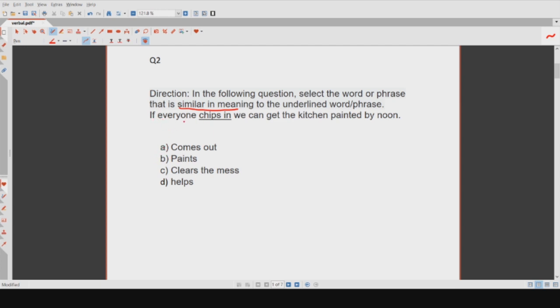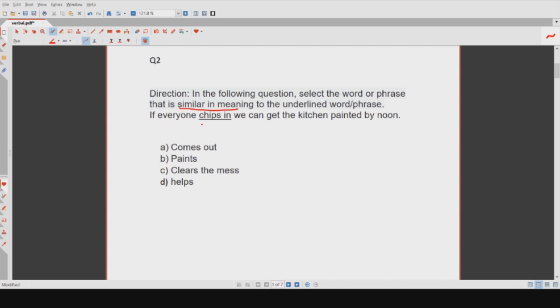So if everyone chips in, we can get the kitchen painted by noon. So the way to solve it is just put the given options in the sentence, and if you feel that it makes sense or it is similar to the given underlined word, then that is definitely the correct answer. You can call this a trick, but it works.